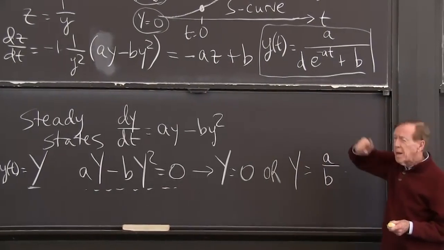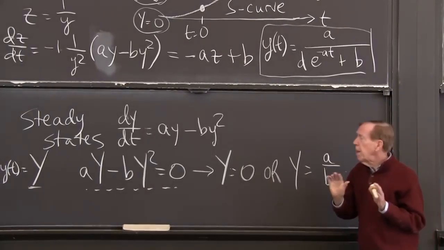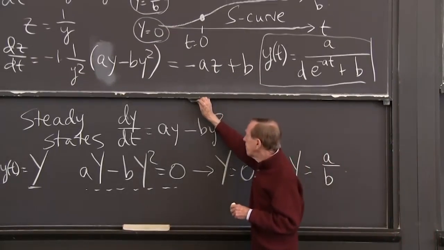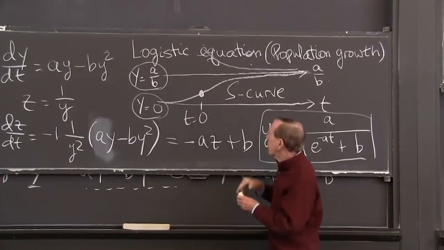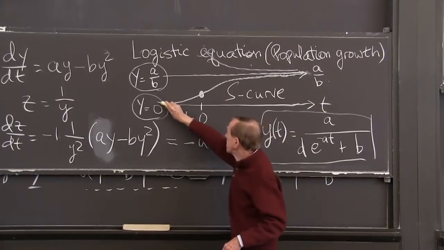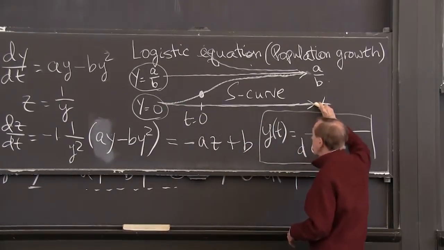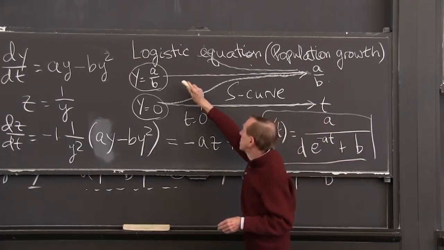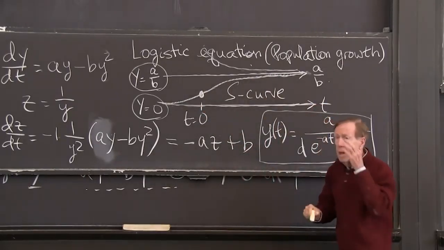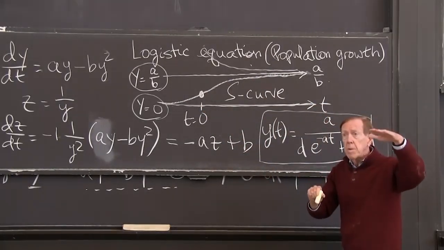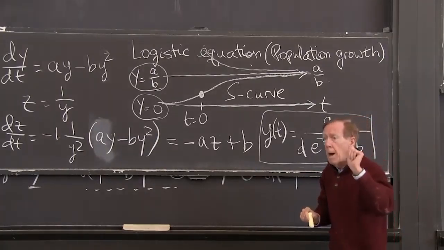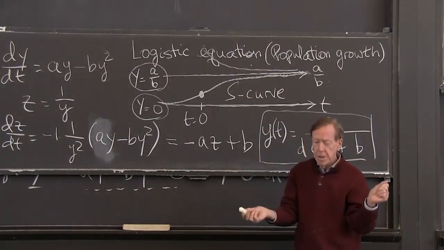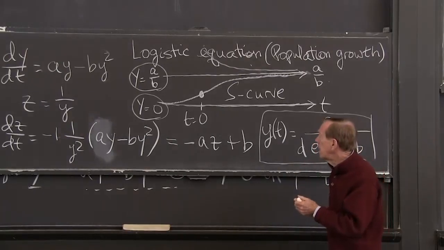So that S-curve picture is really a nice graph of the solution. Here's the solution at steady state, going nowhere. There's the solution at steady state with population, where competition and cooperation are balanced and nothing happens.